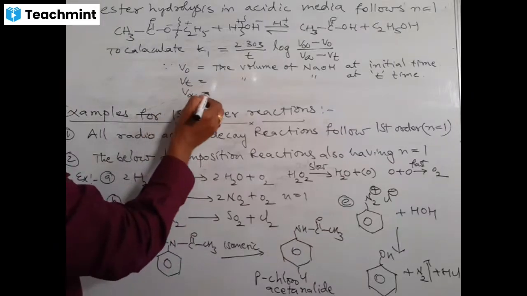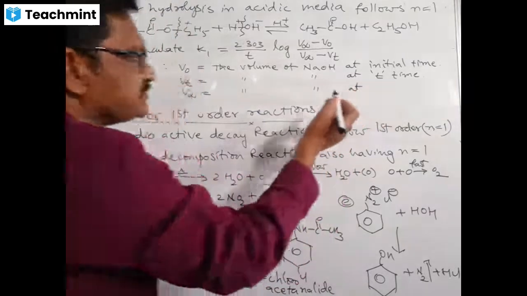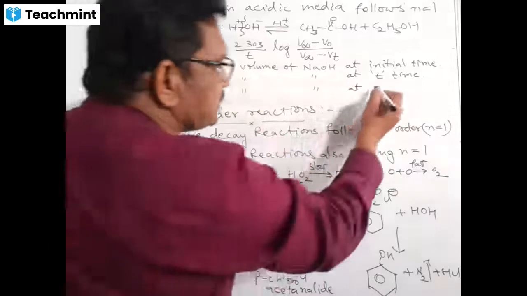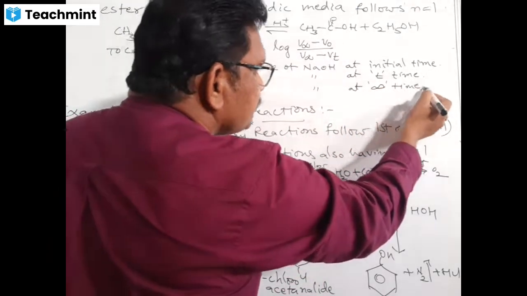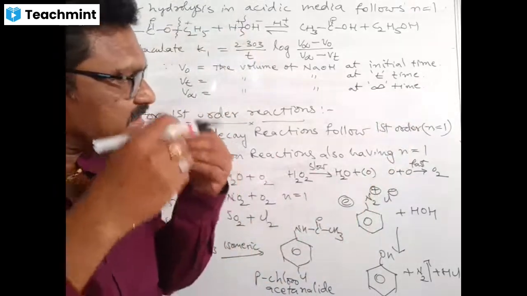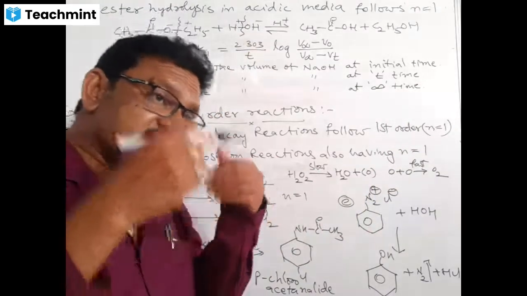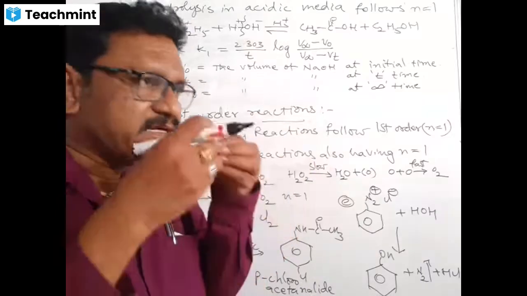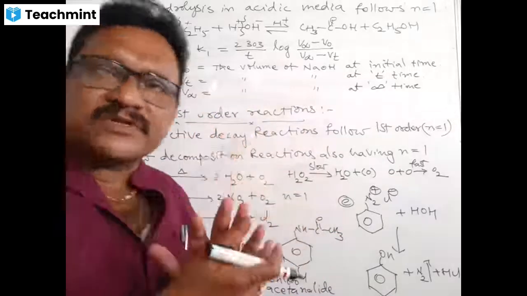Then V infinity means the value of NaOH at infinity time. What do you mean by infinity time? It means the time where the reaction is completed, that means the entire reacting material has been converted into products.